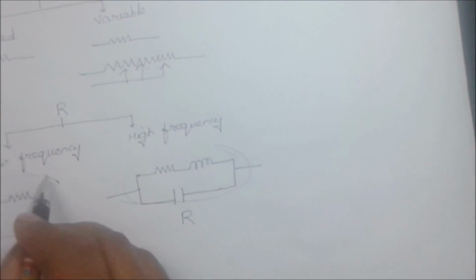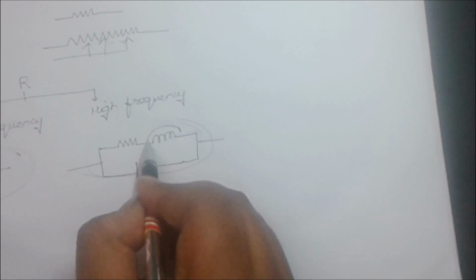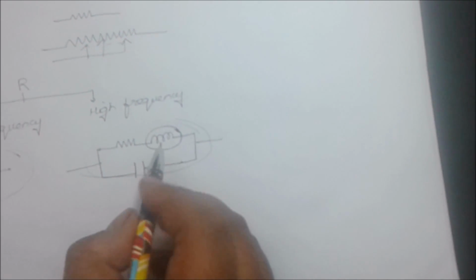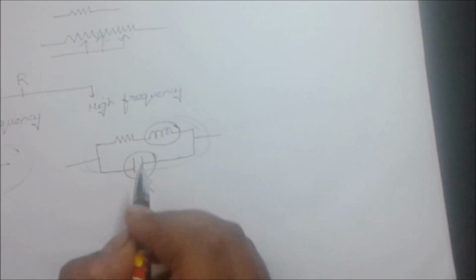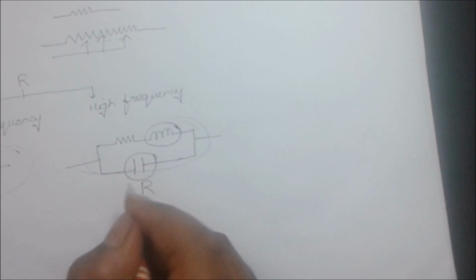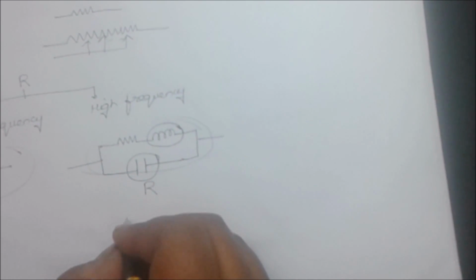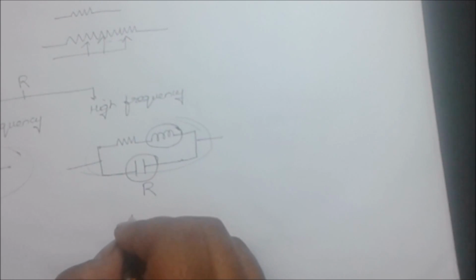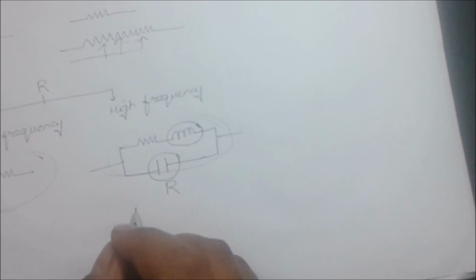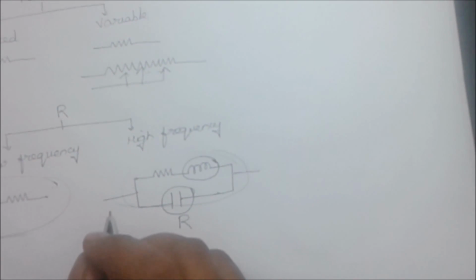So this is the resistor at high frequency, this is a resistor at low frequency. To remove the effect of this leakage reactance or leakage capacitance, there are two special types of windings which can be done, known as Ayrton-Parry, and second is bifilar winding. We will discuss these later in the chapter of resistance.